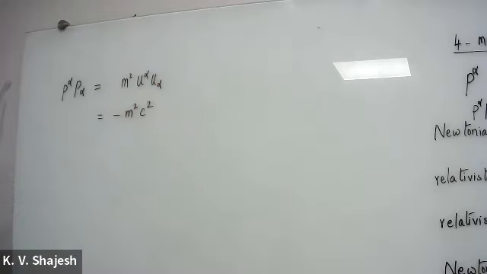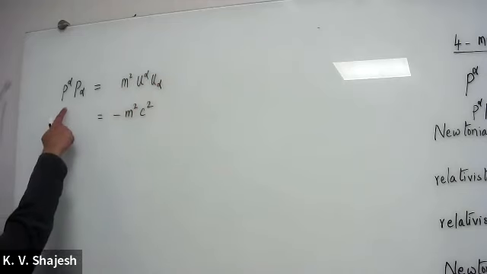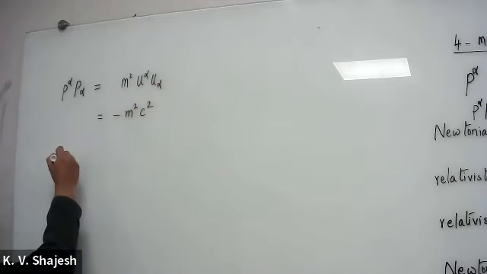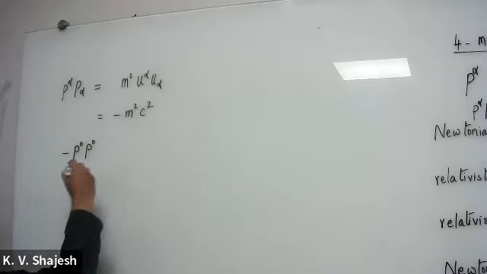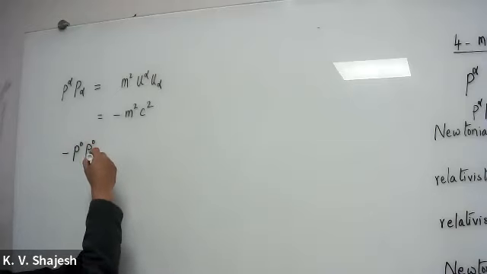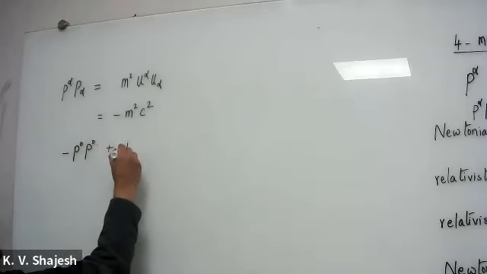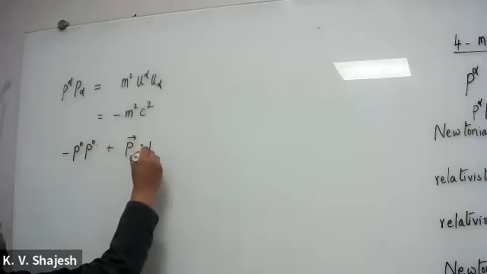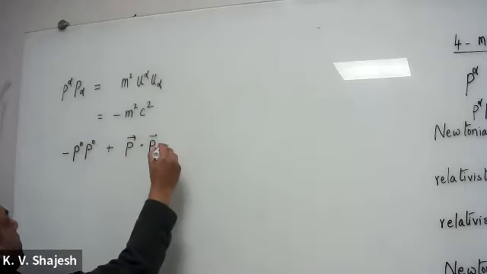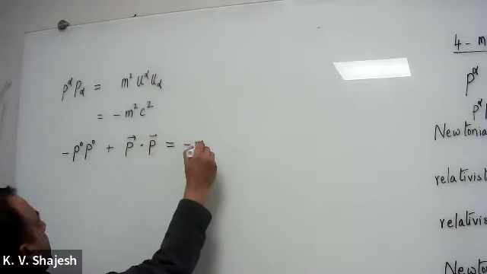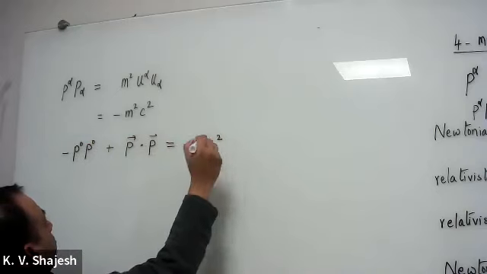So mass m remains the same everywhere. Right. It also says that if I were to expand the left hand side, I get minus P0 squared plus P dotted with P. This is the relativistic momentum. That's equal to minus m squared c squared.